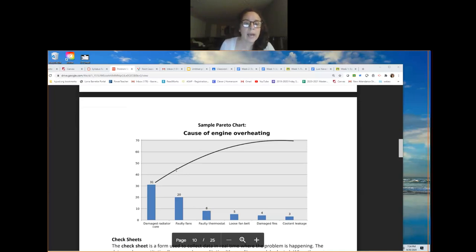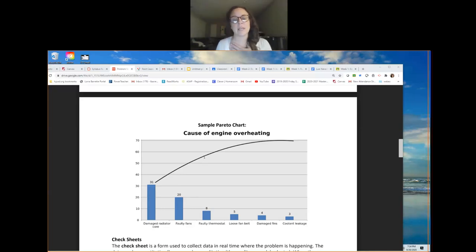So now we have, this was 51, we add on 8, now it's 59 engines overheated, right? Here we have to add on 5 more engines overheated because of a loose fan belt. So now it's 64 engines.